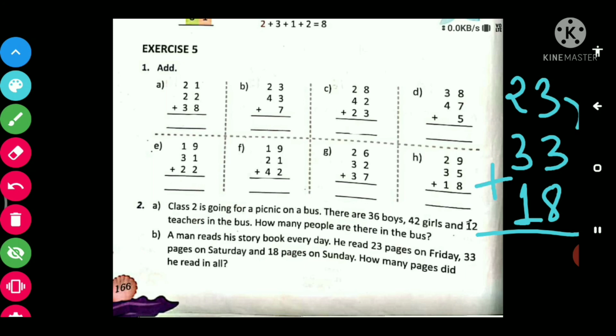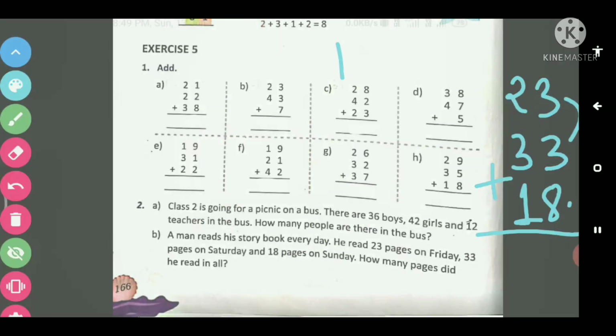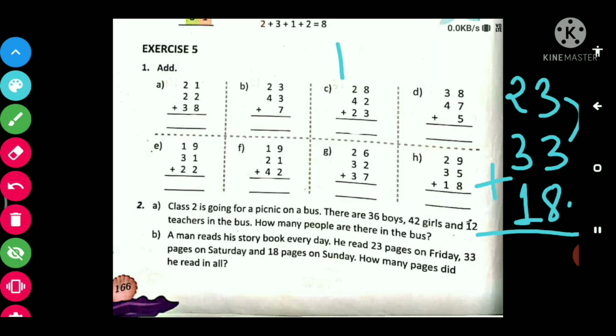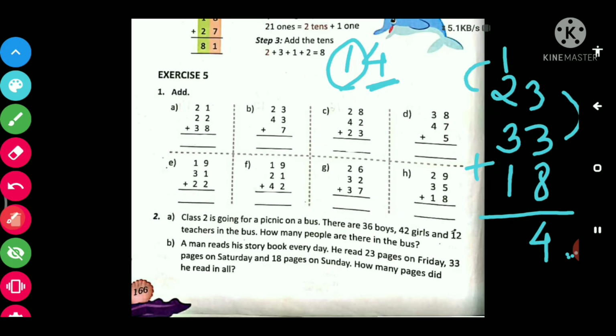Okay, now 3 plus 3, it will be what? 6. 6 plus 8, 14, right? So now this 4, we'll place it here, and this 1 will go here. Now we'll add these two.